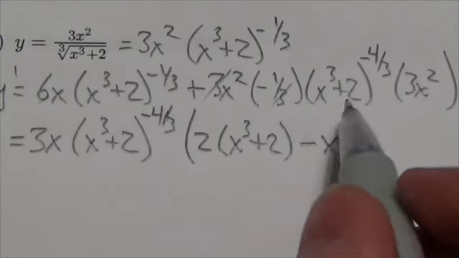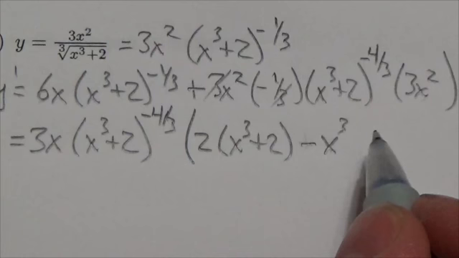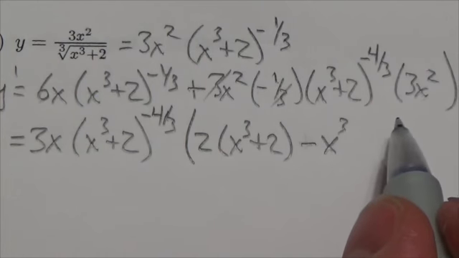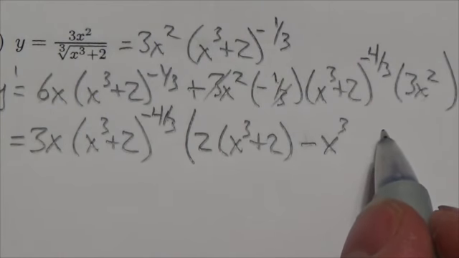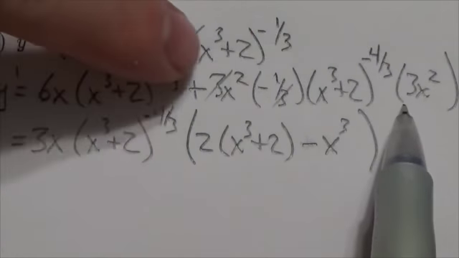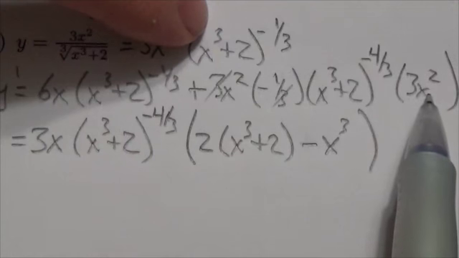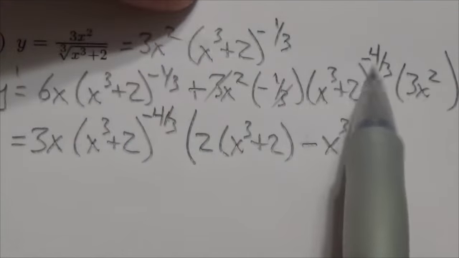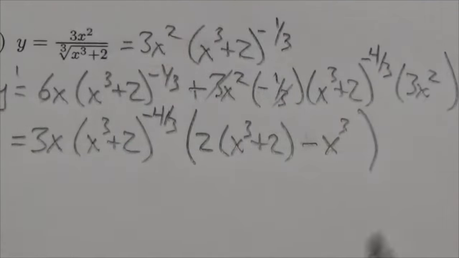So this is going to be x cubed, actually, that's it. X cubed. Everything else I took out. I took out that factor of 3. I took out the (x cubed plus 2) to the negative 4/3. That's it.